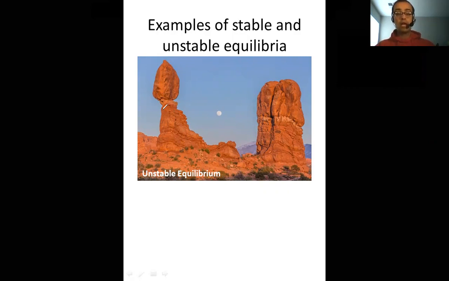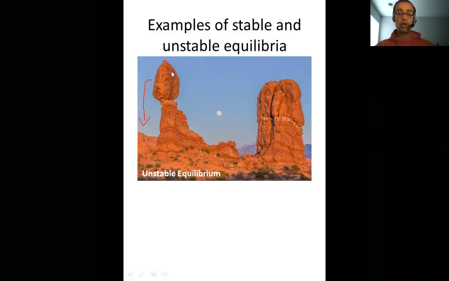However, eventually, the base is going to get eroded away, and it's going to lose its potential energy in a really big hurry. So while this equilibrium may be temporarily stable, the forces acting on this rock are going to eventually cause it to lose its potential energy and fall to Earth. So this is an example of an unstable equilibrium.